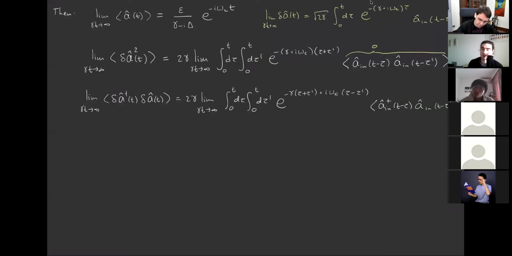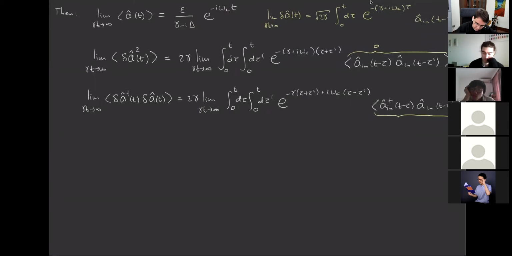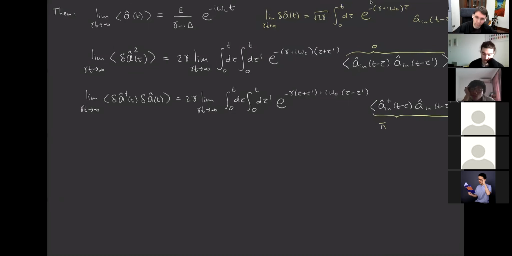Okay? Then we have seen that this thing in here for thermal equilibrium is equal to just the thermal number of excitations, n, times a delta function of tau minus tau prime. Okay? Then you can use this delta function to remove one of the integrations in time, and you finally get an expression that looks like this.